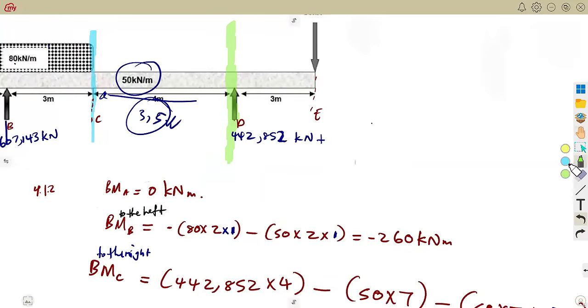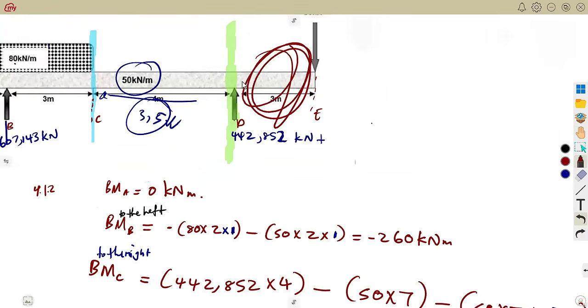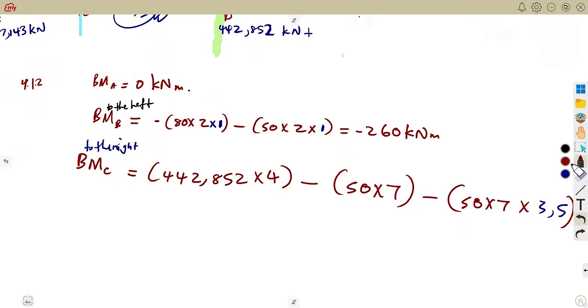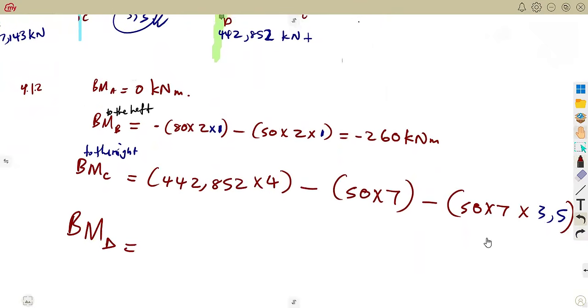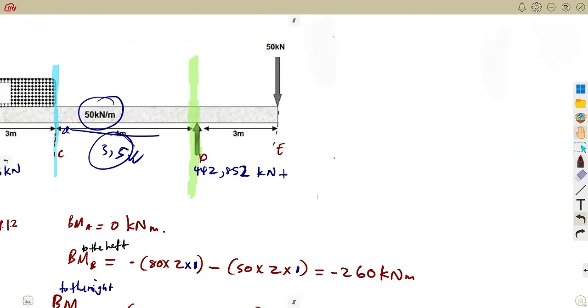So it'll be easier for you to take your moments like working from what? The right side. All right. So the right side, we just have a few things there. So for the bending moment there for D, it is going to be what? What is on the right side? Algebraic sum of these moments on the right side.